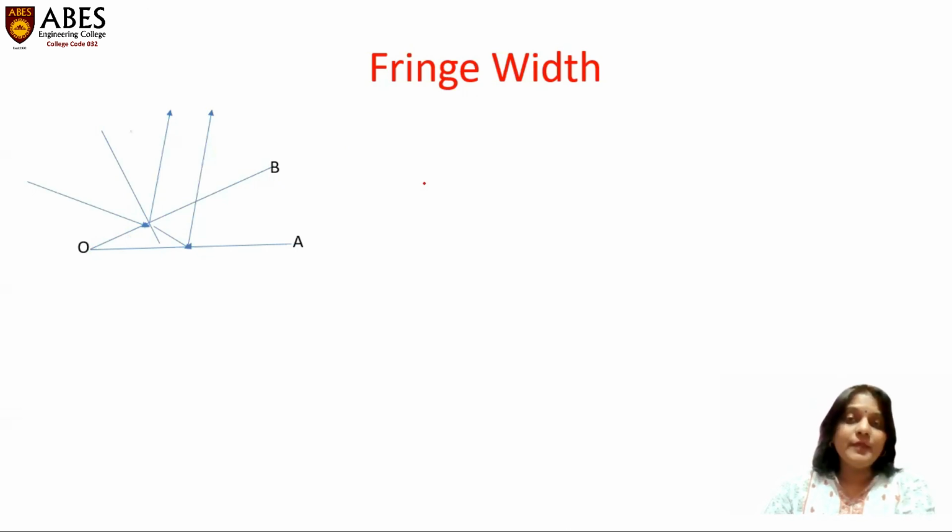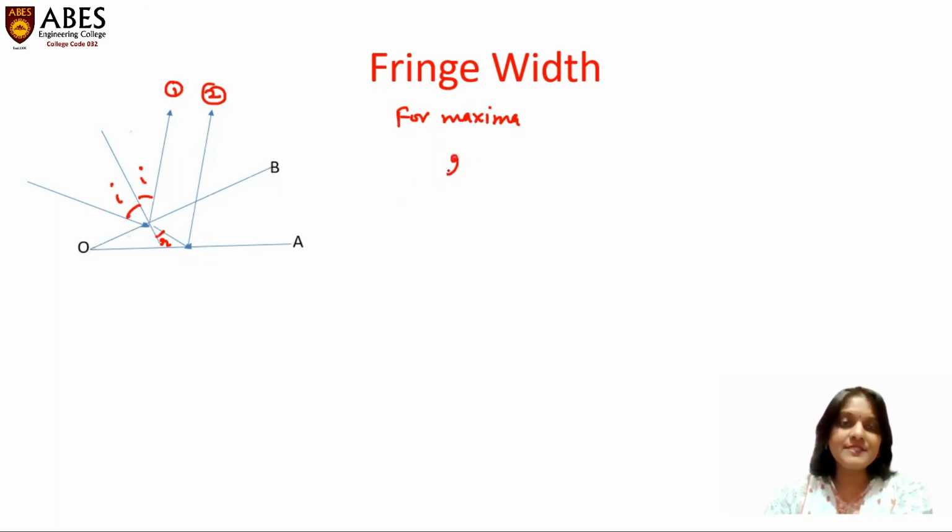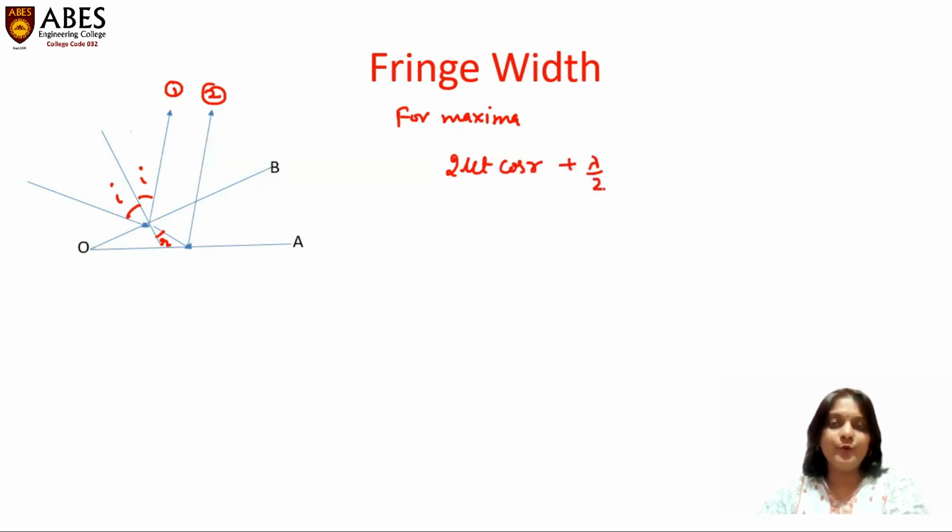To understand the phenomena of fringe width, let us first discuss the interference conditions for maxima and minima. For maxima, the path difference between ray 1 and ray 2: this is the angle I, this is the same angle I, this is the angle R. For the maxima, we know that the path difference is 2 mu t cos R plus lambda by 2, which is equal to 2n lambda by 2.